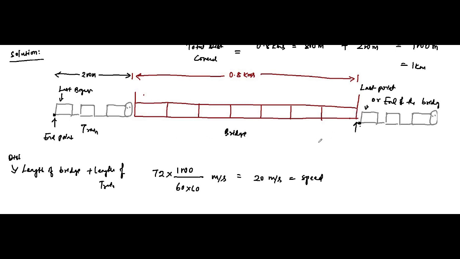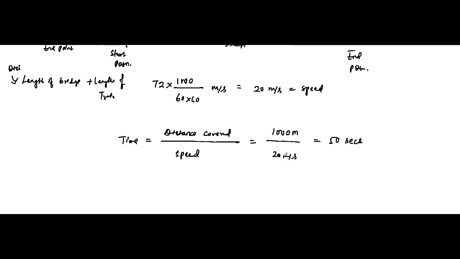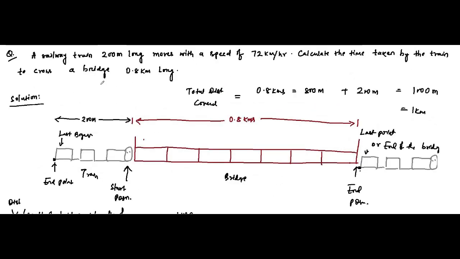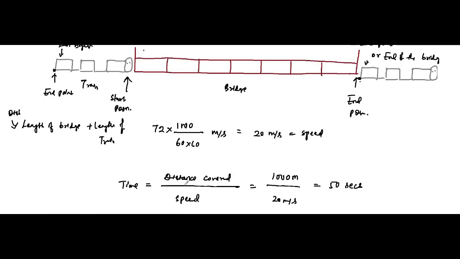This is the start position, this is the end position. The total time taken is 50 seconds. So if you just calculate the total length of the bridge only, 800 by speed, then it will be wrong.